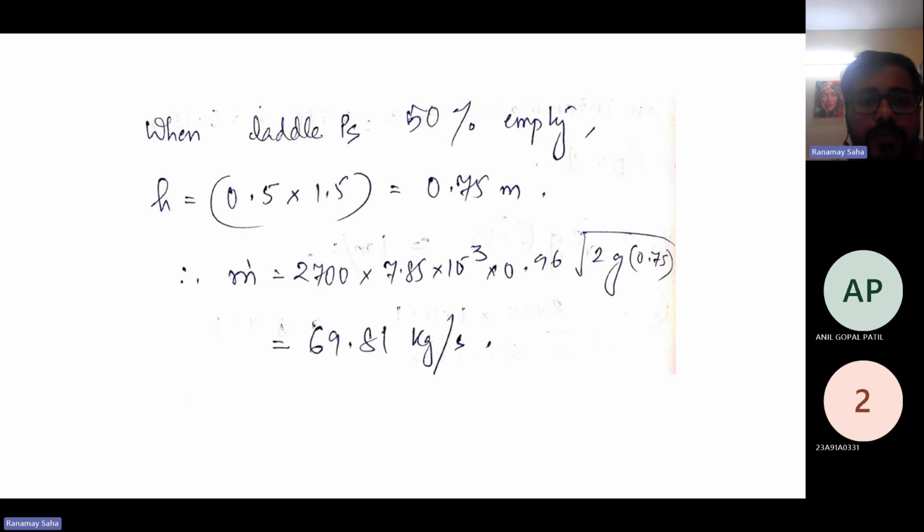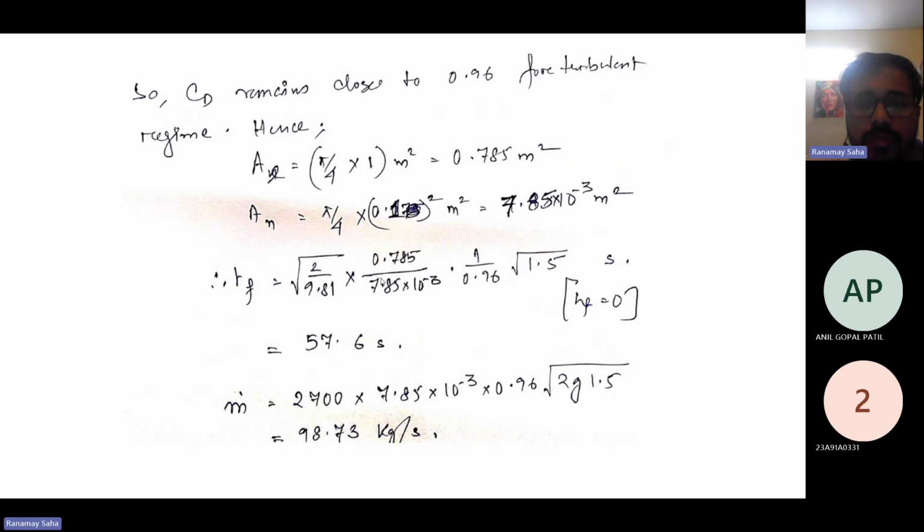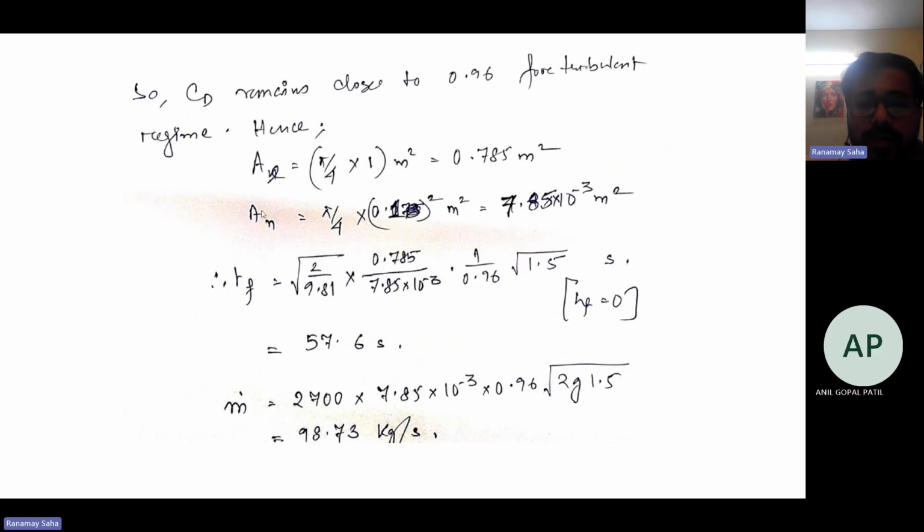So when it is 50% empty, the height becomes half of 1.5, which is 0.75. The mass flow rate then becomes rho A V, where rho is the density of the molten metal, and 7.85 times 10 to the power minus 3 is the area of the nozzle, which we have calculated earlier.